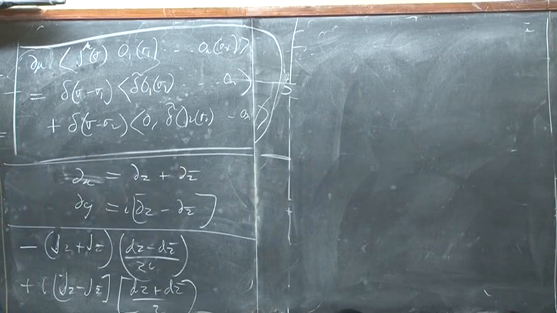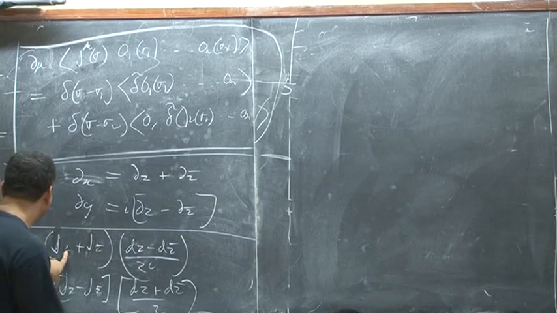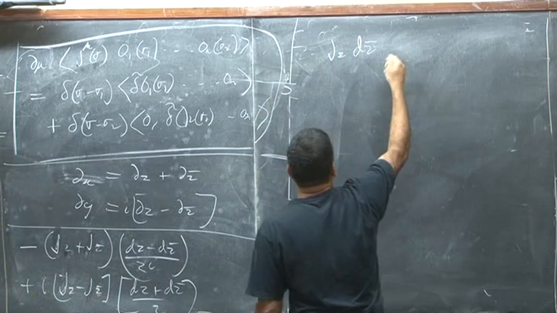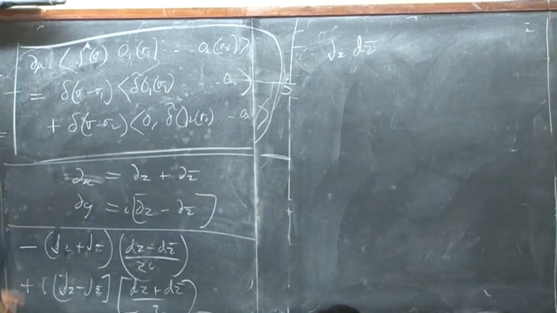Okay, so let's see. So we get Jz dz. Okay, let's work it out.